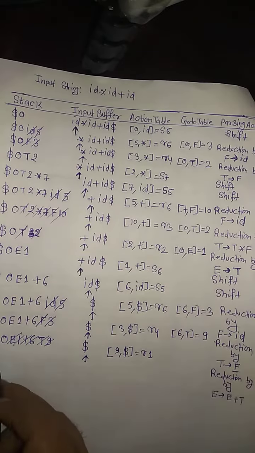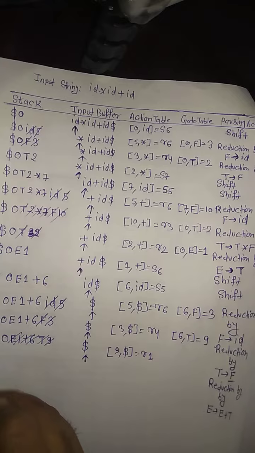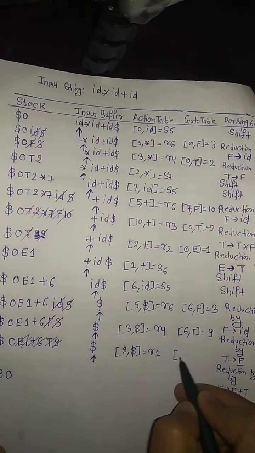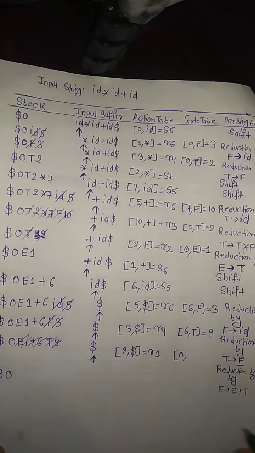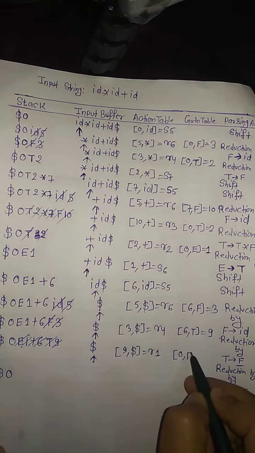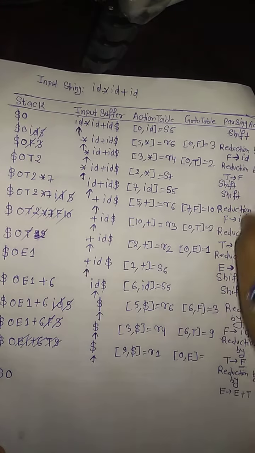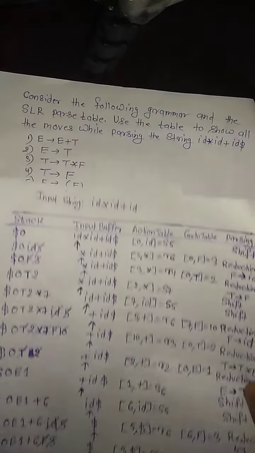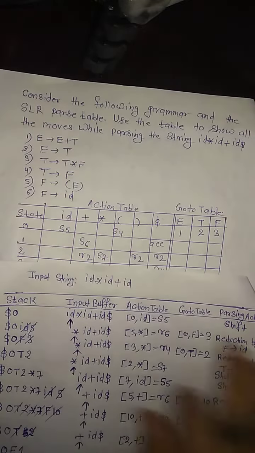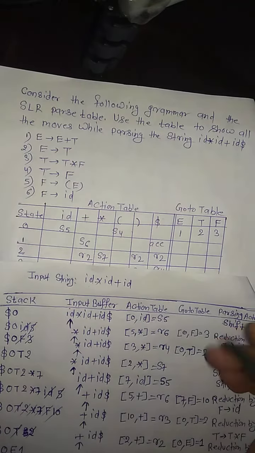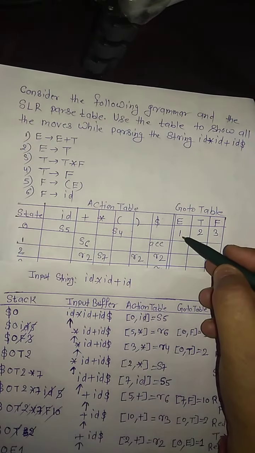Now you get here top of the stack is 0. So write here 0 comma, and what is the head symbol of this production? Capital E. So write here 0 comma E. So 0 comma E means again you go to the parsing table, and in the parsing table you have 0th row and capital E column you have 1.